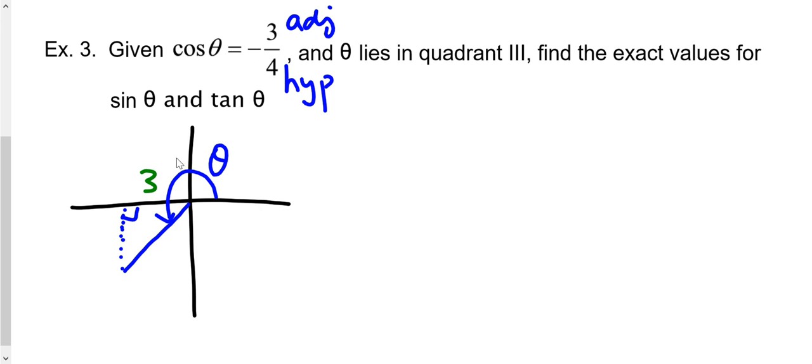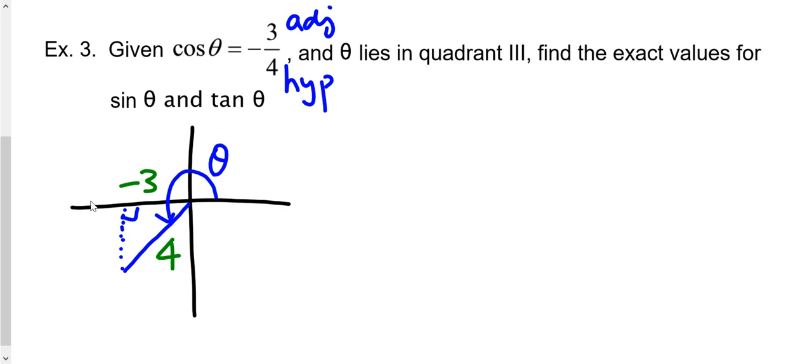Is it 3 or -3? Because it is on the left-hand side, going this way, therefore it is negative. And your hypotenuse is this one. If you use common sense, we cannot have a negative length here. You can have negative x and y values, but not a negative length. So this is 4.